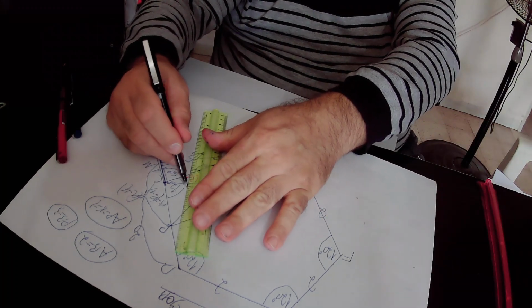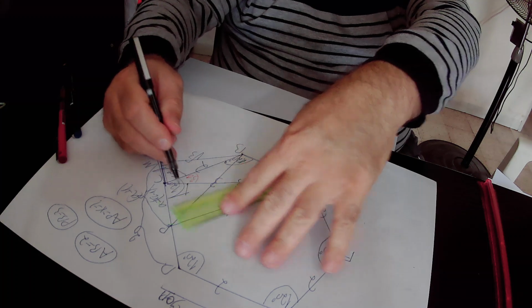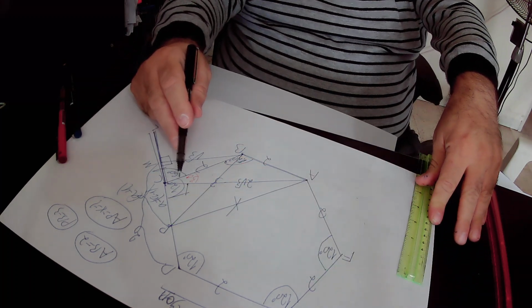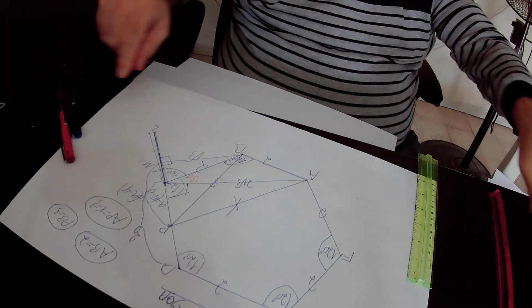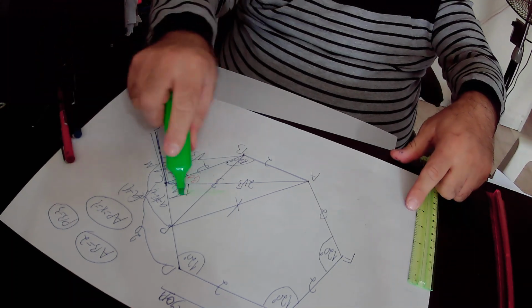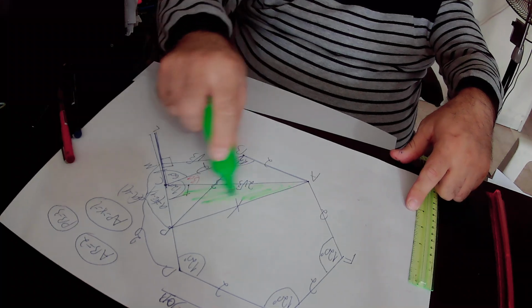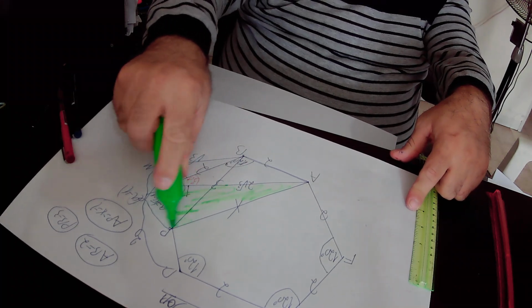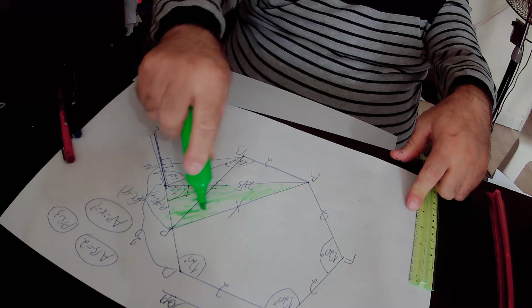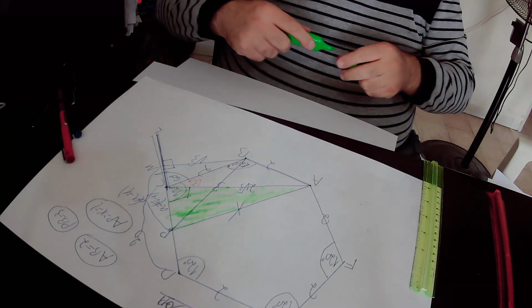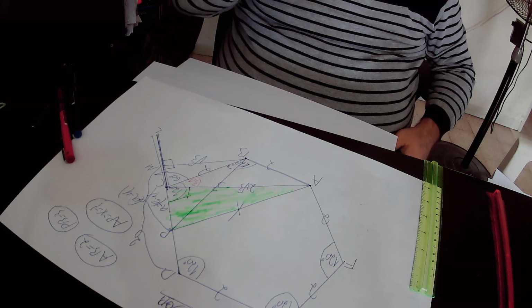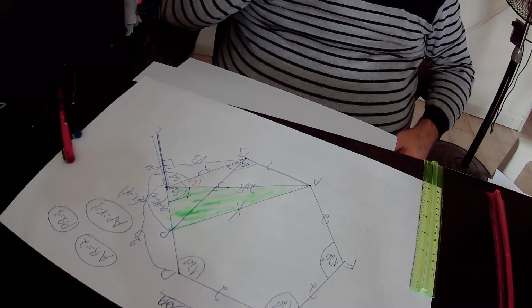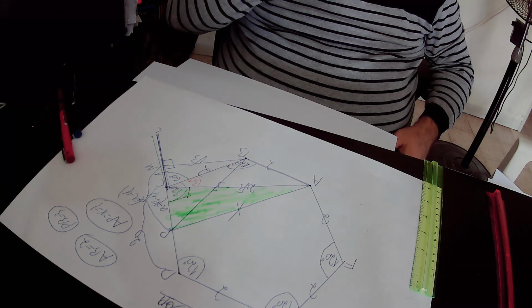Because this angle equals 90 degrees, it means the triangle PCA is a right triangle. Okay? So I'll copy the right triangle PCA in a new page, and we'll implement the Pythagoras theorem in the right triangle, triangle PCA.